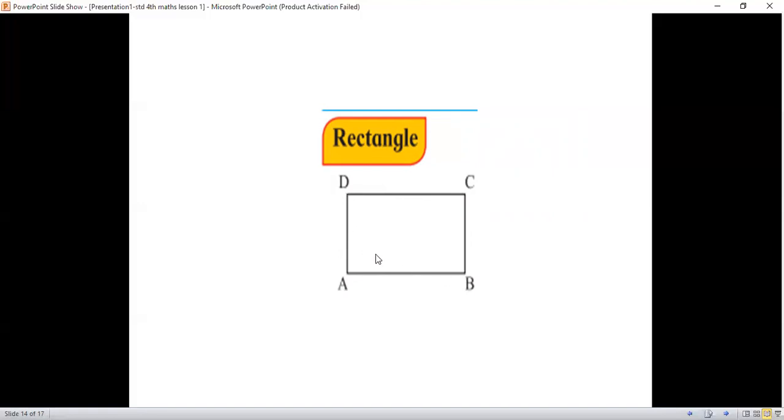Then DA and BC, these are two opposite sides of the rectangle which are equal, and there are four vertices A, B, C, D and four sides of the rectangle. So this is called a rectangle and it always makes right angles. All four corners are right angles. So that is why it is called a rectangle.